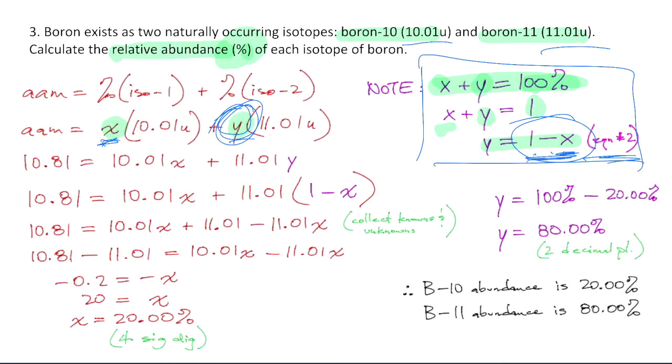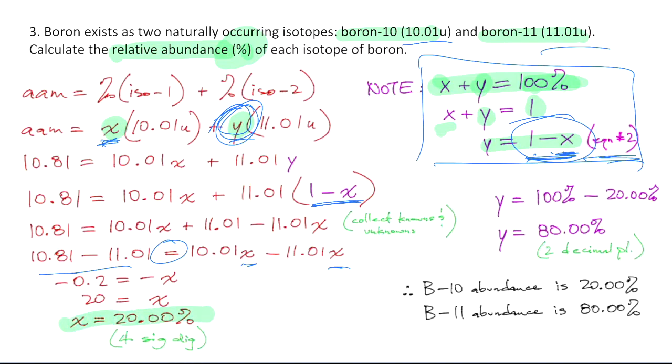This 1 minus x gets substituted in here, and then it's just regular algebra to move our x values to one side of the equal sign and our whole numbers to the other side. And when we solve for x, we get x is equal to 20%.